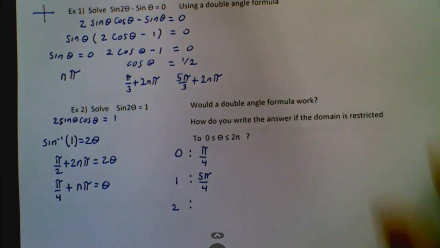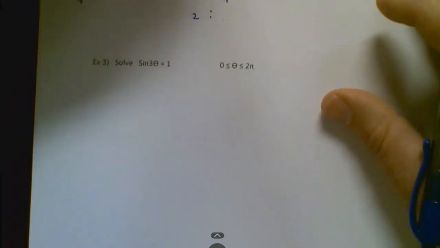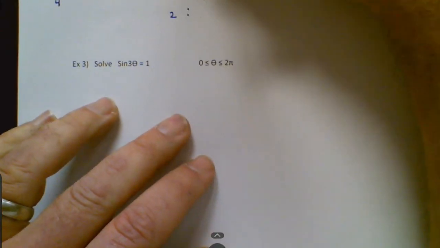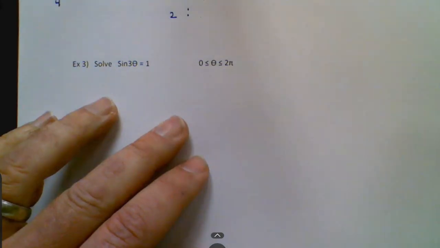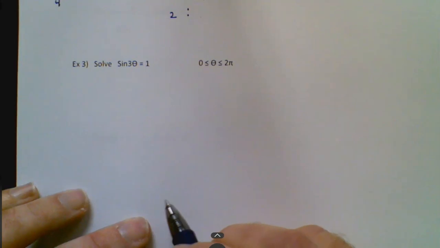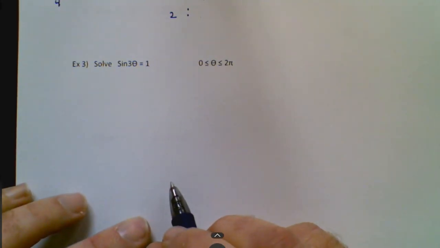Okay, let me go down to this one. Again, similar thing, especially if I'm getting something like this. I don't even know a triple angle formula that I'd be plugging into that. I definitely don't want to solve it that way. So let's take the approach that we did on the previous one. So let's say the inverse sine, or the sine of what angle, is 1. So again, we know the sine of pi over 2 is 1.